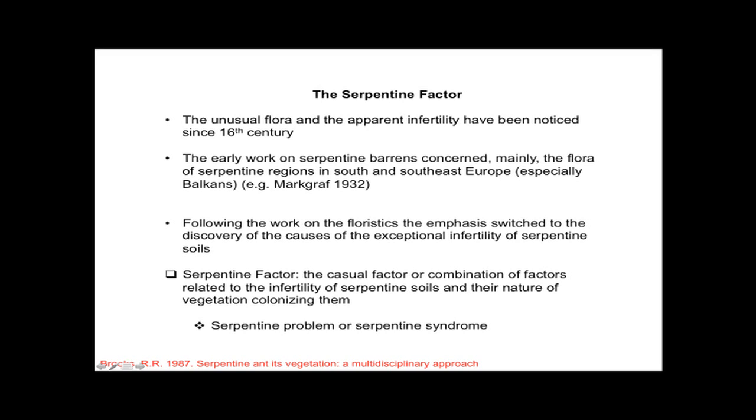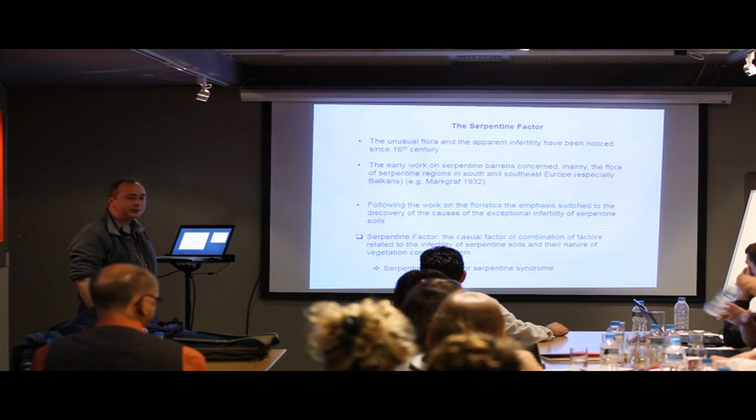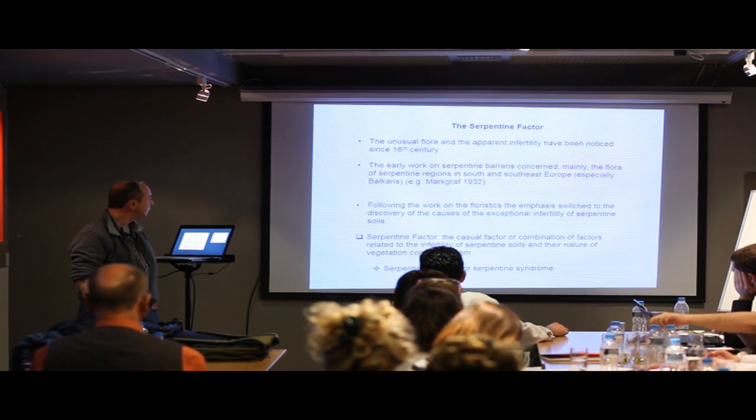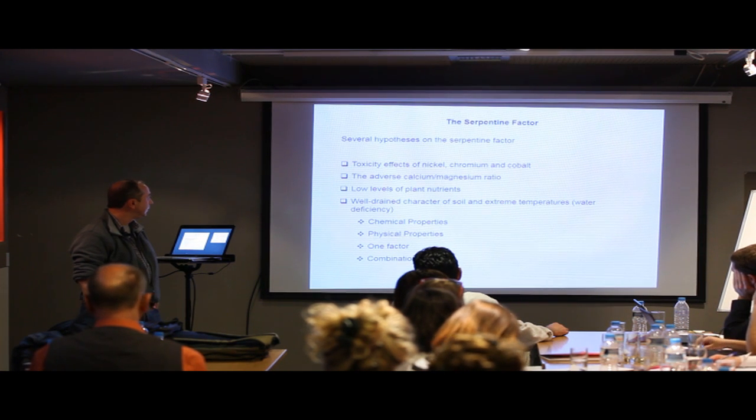So we can find in the bibliography the term serpentine factor, which is the factor or combination of factors related to the infertility of these soils as well as the nature of the vegetation colonizing them. In the bibliography we can also see some other terms, synonyms of serpentine factor: serpentine problem or serpentine syndrome.